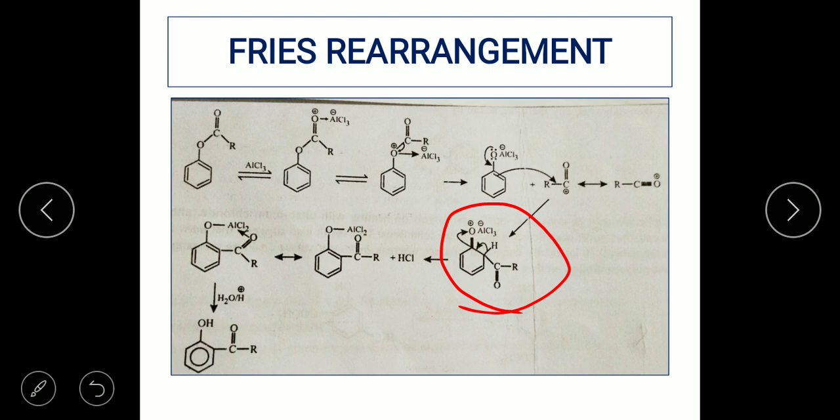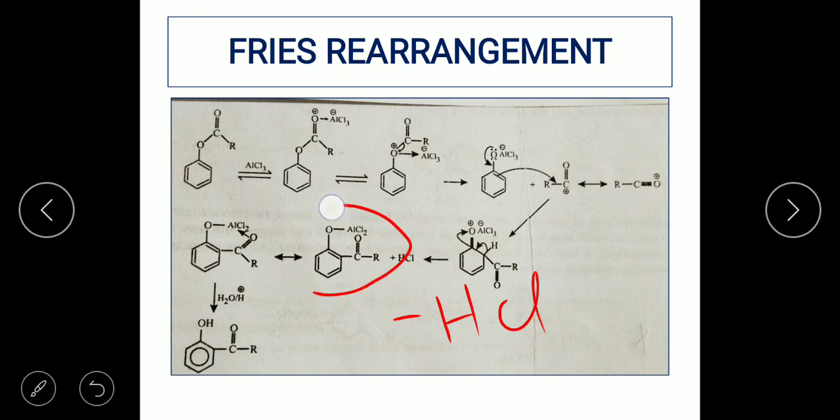Now how do we remove the positive charge? It is by the removal of a proton, H plus, from one of the carbons. Once the H plus is removed and Cl from AlCl3 is removed, that is nothing but the elimination of HCl, we are going to obtain a cyclic group of this kind.